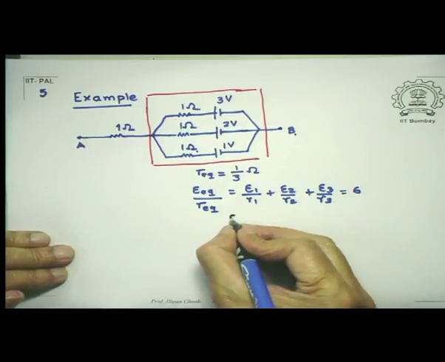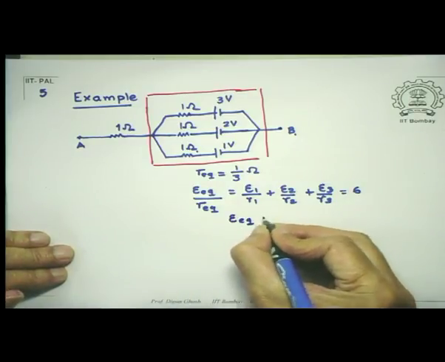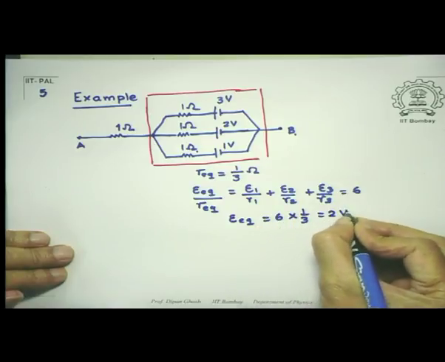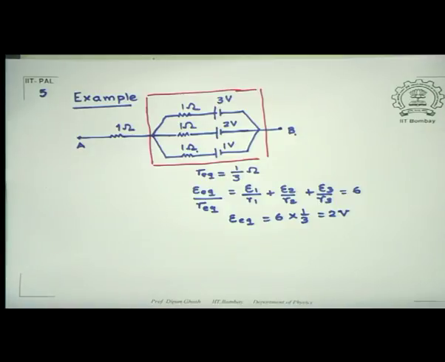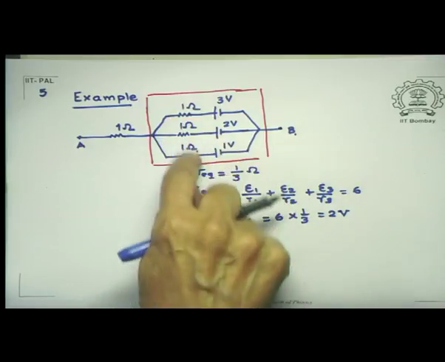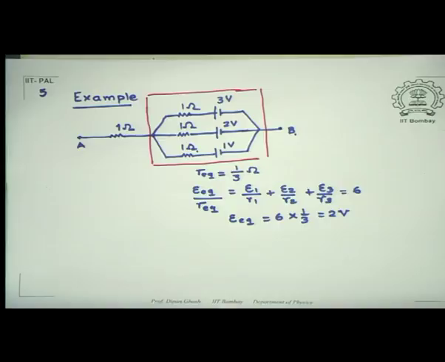So that tells me E_eq is 6 into 1 by 3, which is equal to 2 volts. So what we are saying is this, that this combination you can replace with a single battery of 2 volts having an internal resistance which is 1/3 of what each one of them had.